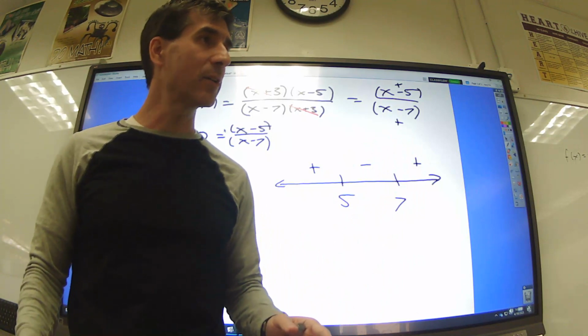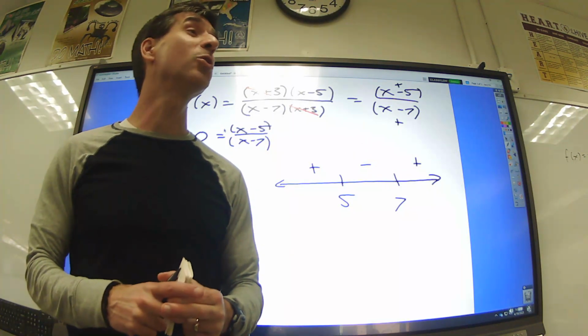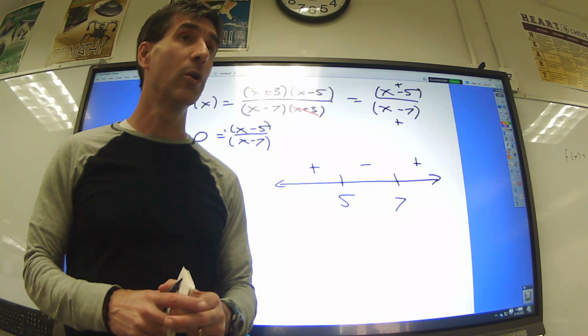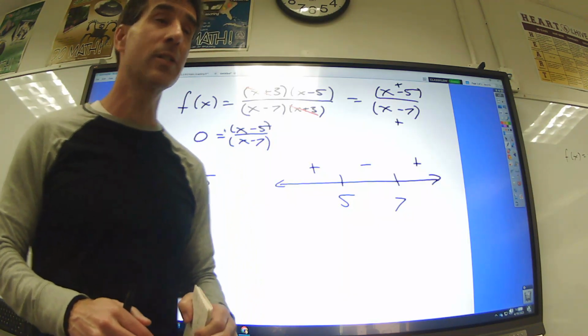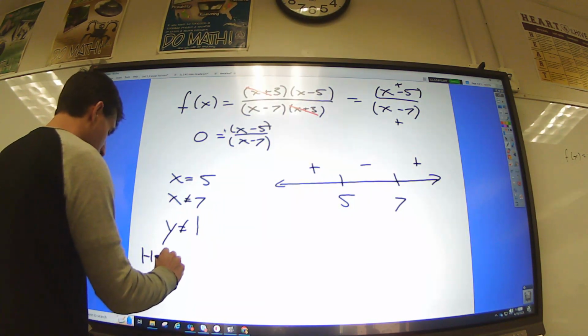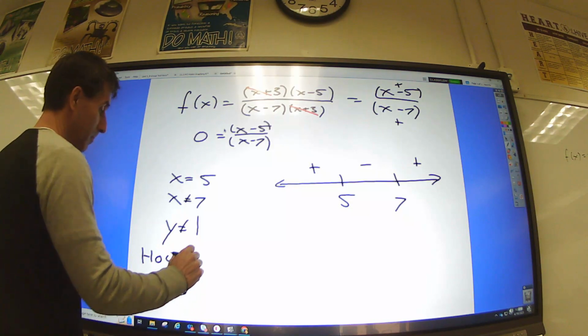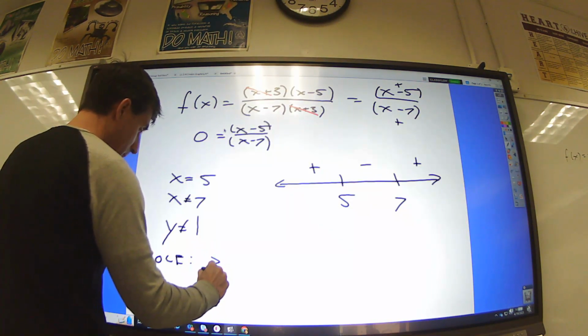So it freaks out. Mathematically, that freak out turns into a hole. So the hole is going to be this. We'll call it a hole. The hole is going to be x is 3.